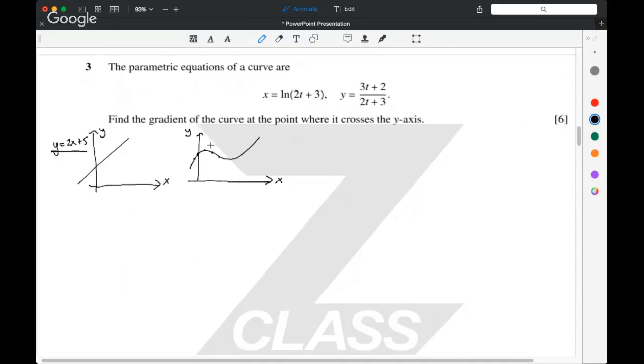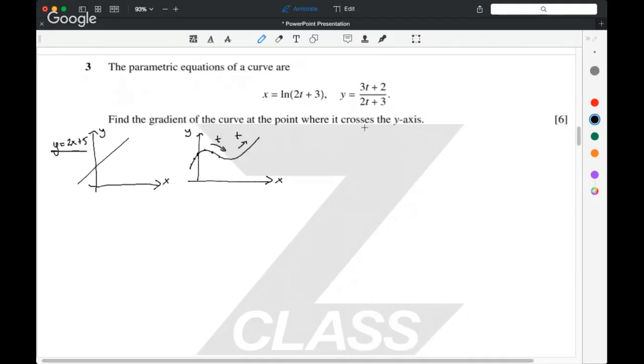You can imagine that there's a kind of parameter increasing as you move along the curve, say time, for example. That's why we often use t, because we think of it as time. But time increases as I move along this curve. And the y coordinate and the x coordinate are completely determined by what time it is. And this is called the parameter t. So these are parametric equations because they're both expressed in terms of this parameter.